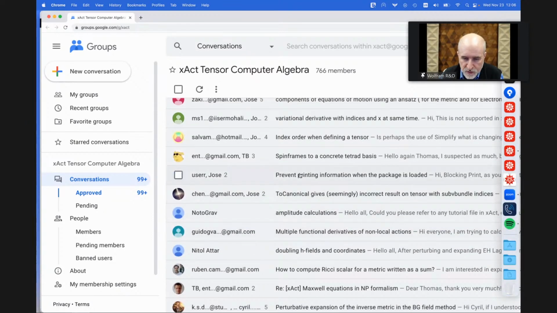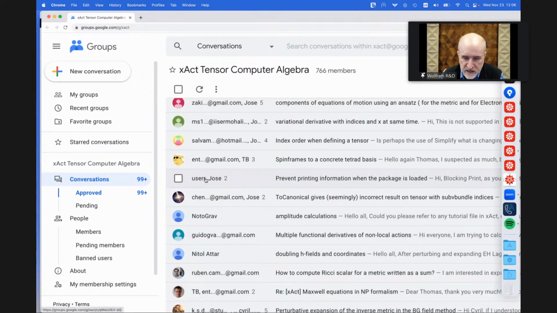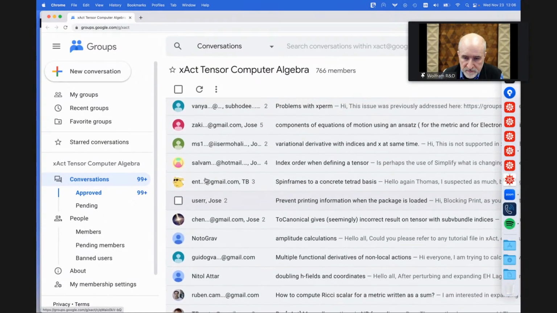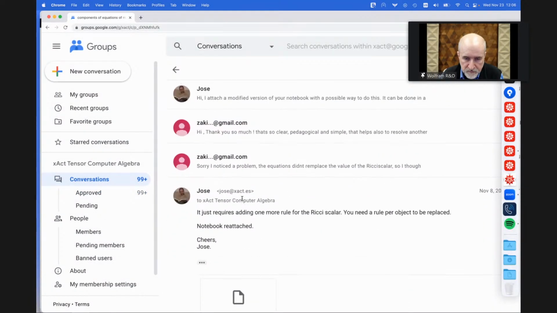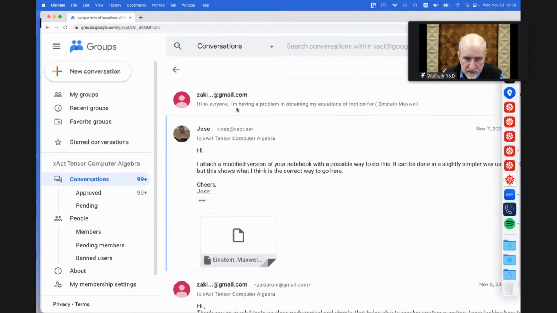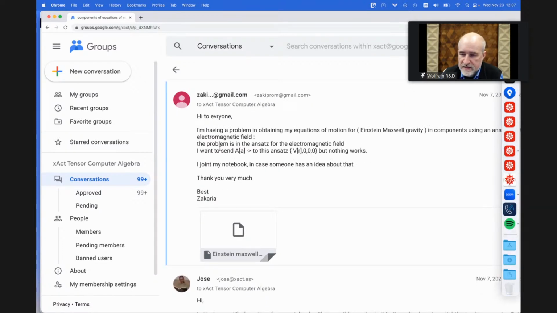So this was a question about how to eliminate those printed messages. Right. So these are questions about component computations, for example. And this is something we do typically. It's very useful when you send, rather than just asking a question, a notebook showing what you tried, showing where you got stuck. That's much easier to respond to because it becomes very obvious very soon what should be done.